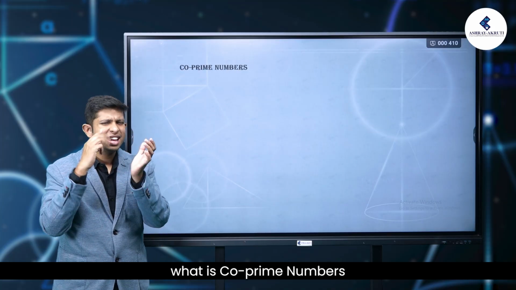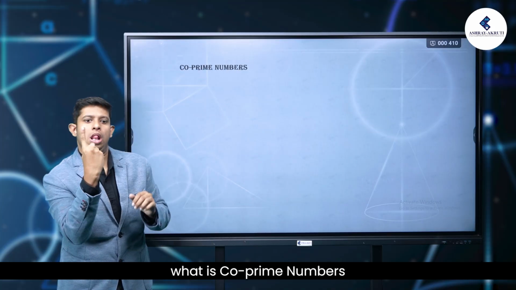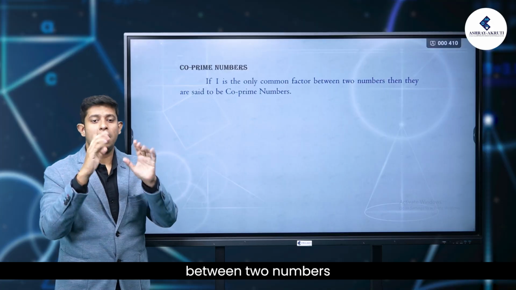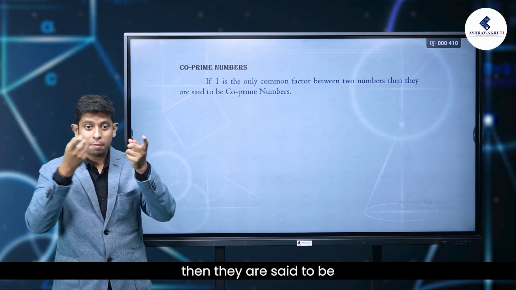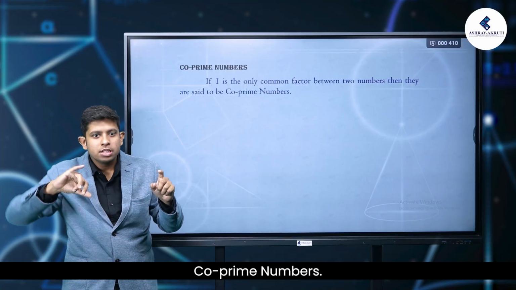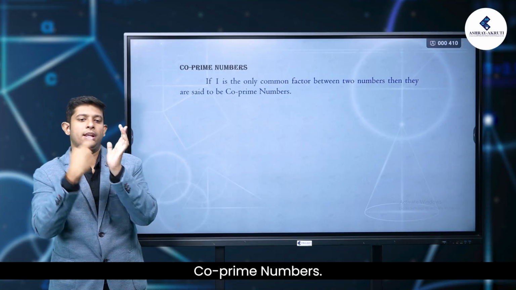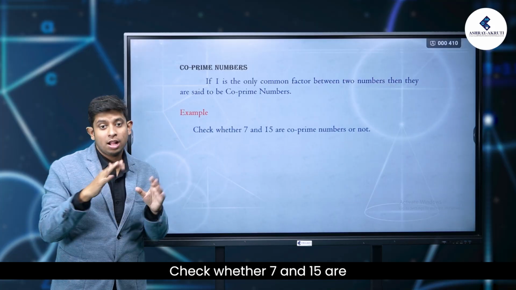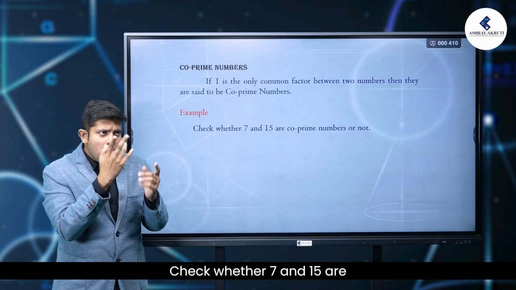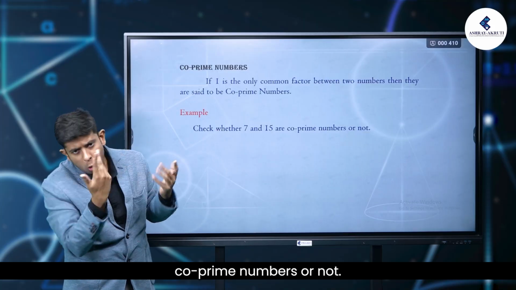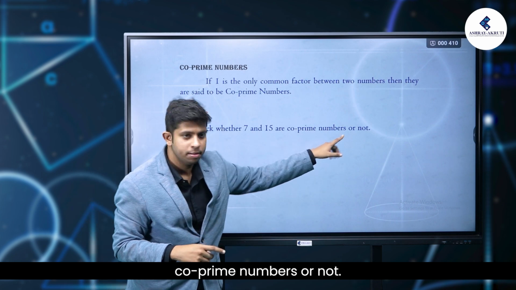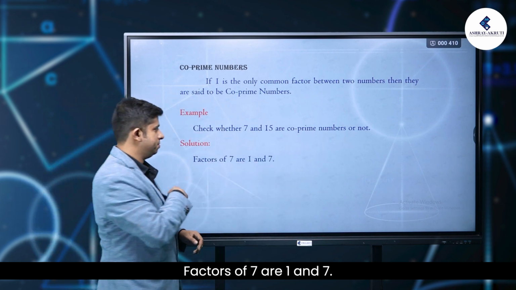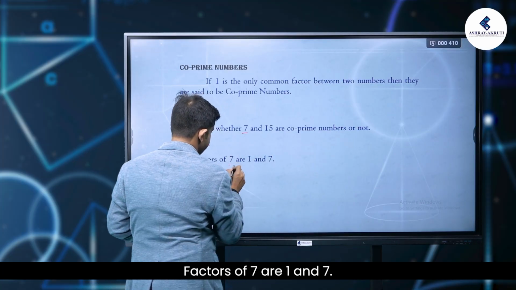Children, what are co-prime numbers? If 1 is the only common factor between two numbers, then they are said to be co-prime numbers. Example: check whether 7 and 15 are co-prime numbers or not. Solution: factors of 7 are 1 and 7.